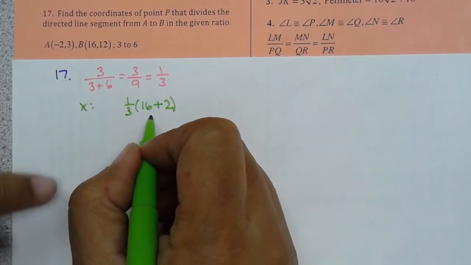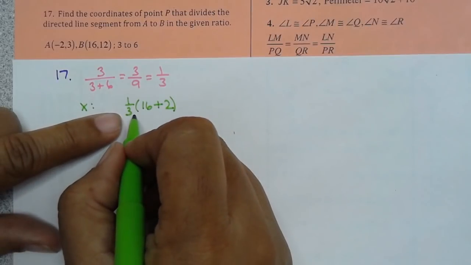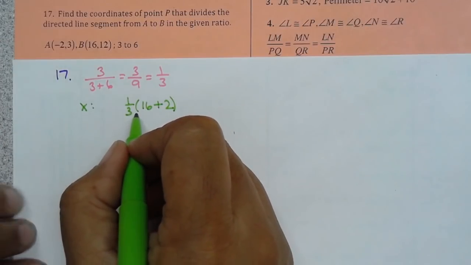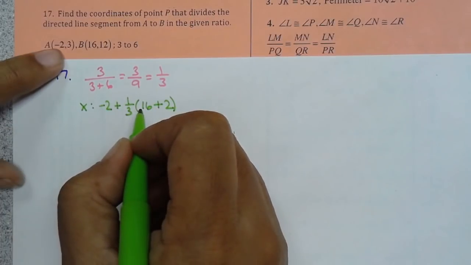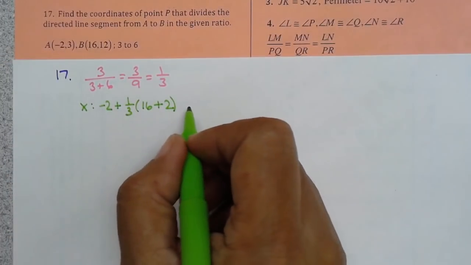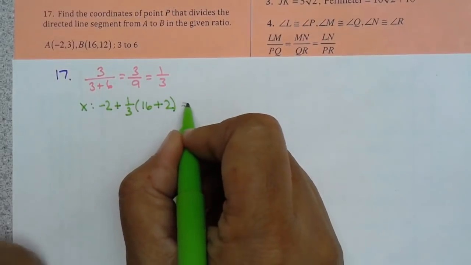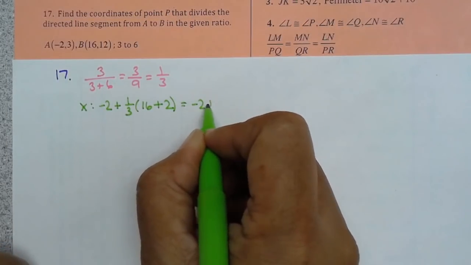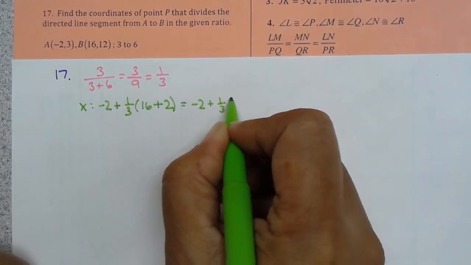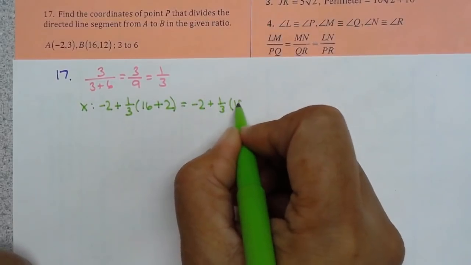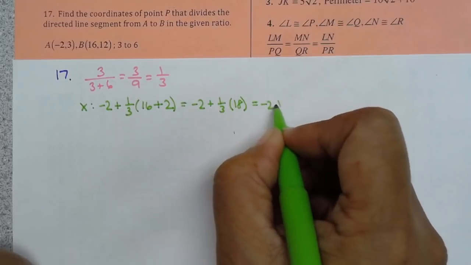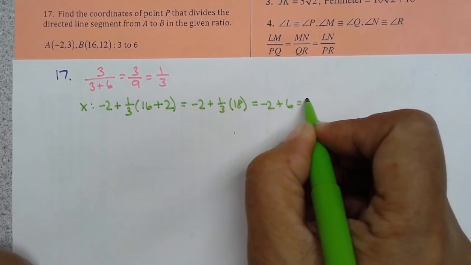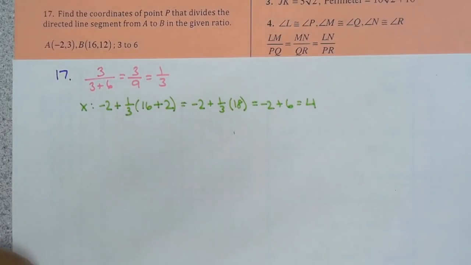And then that will tell me how far it is from A, but you're going to have to add on the original x value to see where it lands on the axes. So we have -2 plus 1/3 times 16 plus 2 is 18. And 1/3 times 18 is 6, which gets you a coordinate of 4 for the x value.